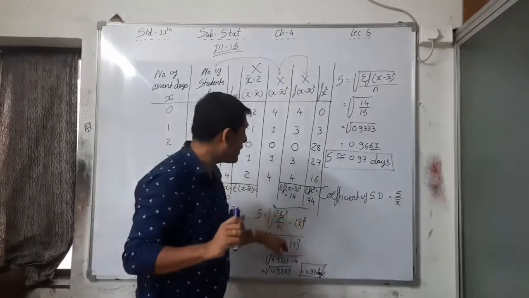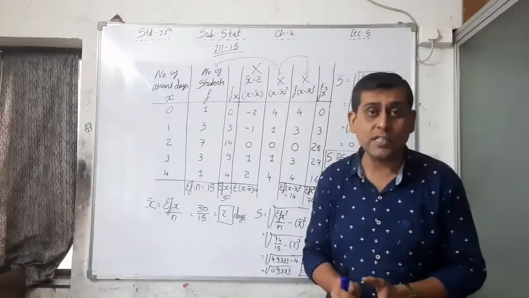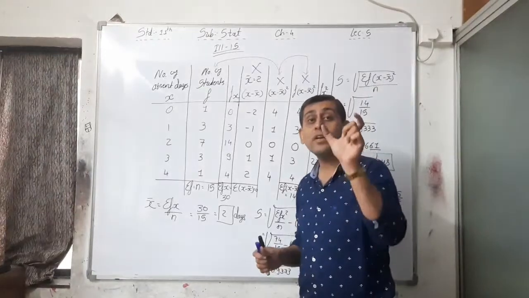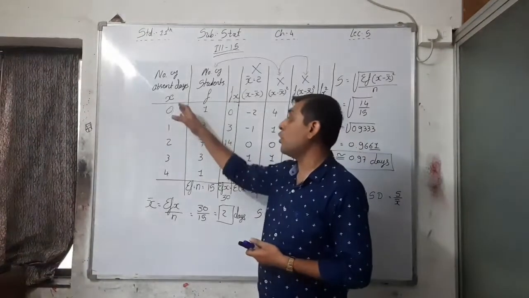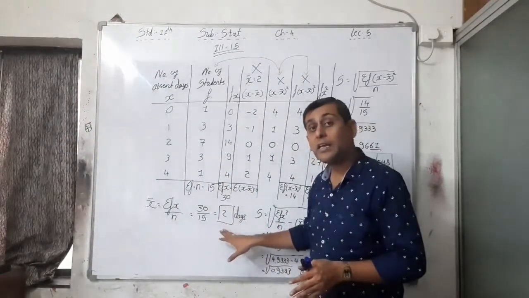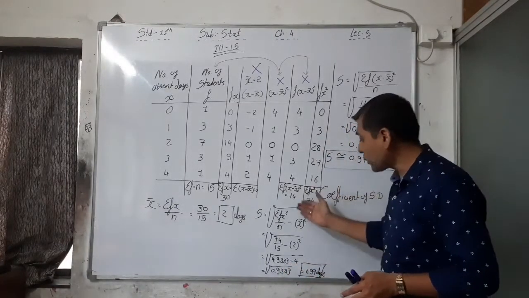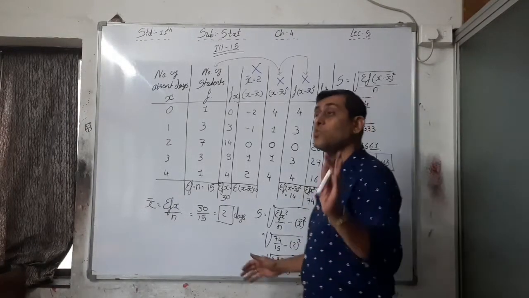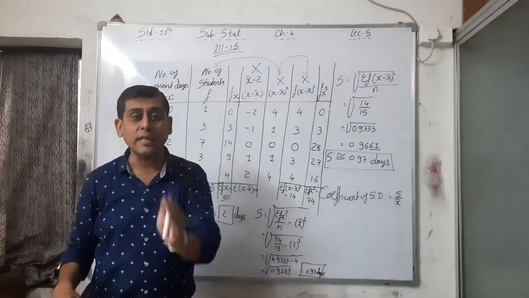That's why we can take both. The calculation in these is very easy, but whenever x or f is more than 50 or 100, and x bar is an integer, then you have to take this formula compulsorily, because the calculation of the other is very high and there is a chance of making mistakes.